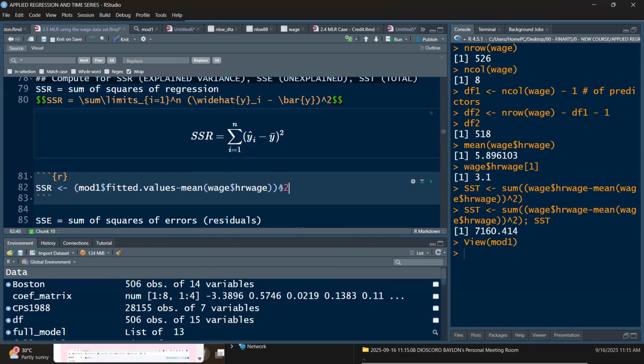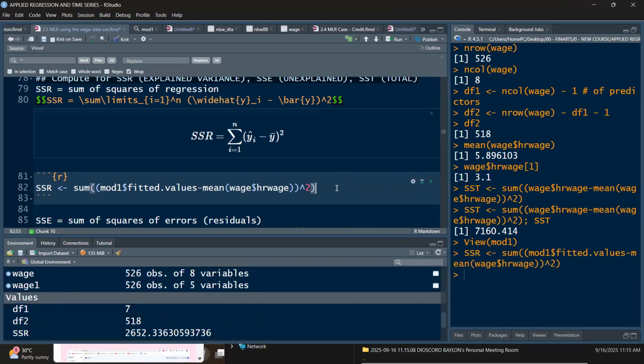Square. And then, once again, get the sum, summation. So I'll put sum here and put everything in parentheses. Sum, open parentheses, and then close parentheses. There. Sum of the squares of your regression. Let's run this.